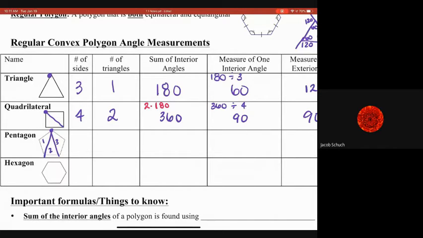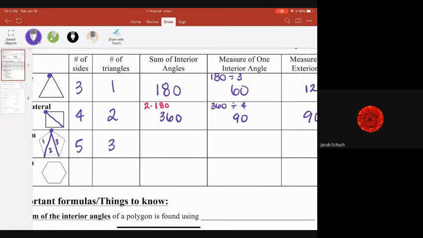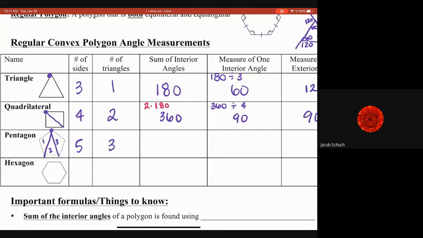So if I take my pentagon, which is a 5-sided shape, by the way, and I draw my diagonals in it, I could split it up into 3 triangles. Well, if I know that there are 3 triangles in it, and I know that each triangle has a sum of 180, how could I use that information to figure out the sum of the interior angles of a pentagon?